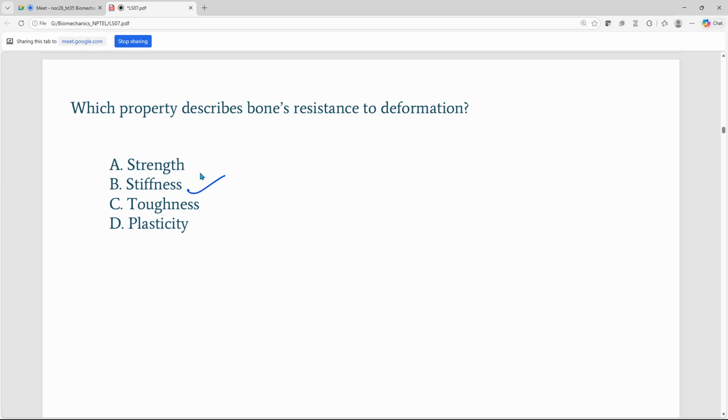Strength, you know what is strength? Stiffness is the ability to resist deformation when something is loaded. Toughness, we have already discussed, and plasticity is the ability to deform continuously without breaking.